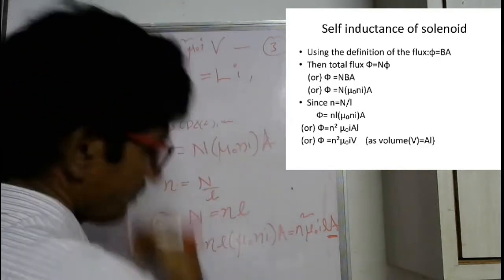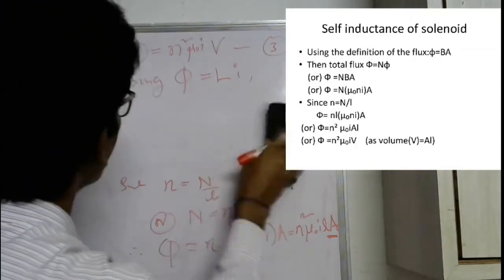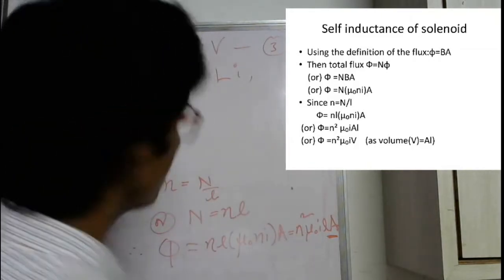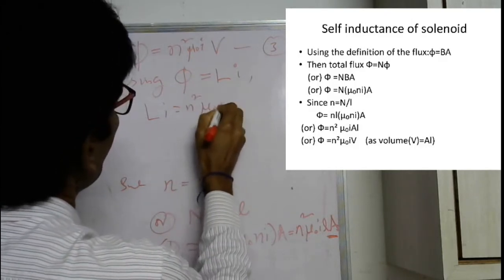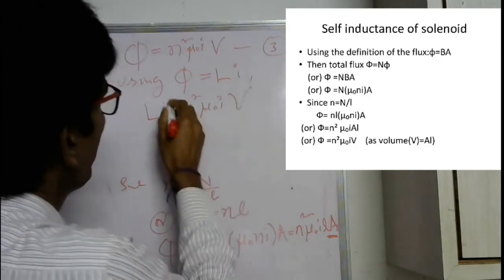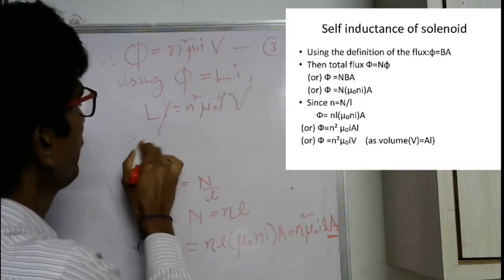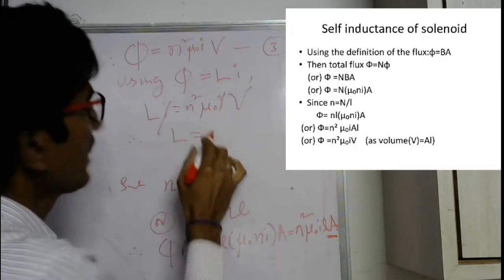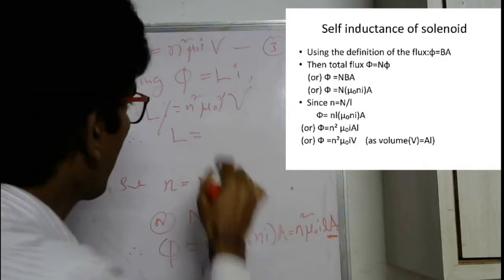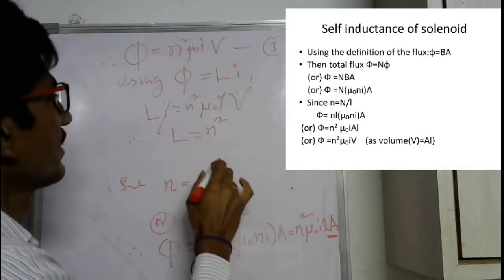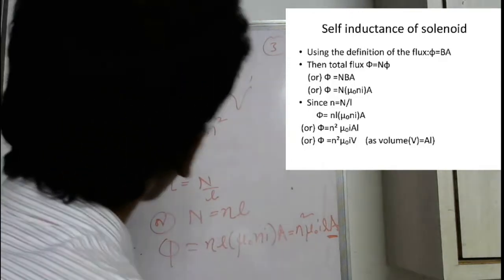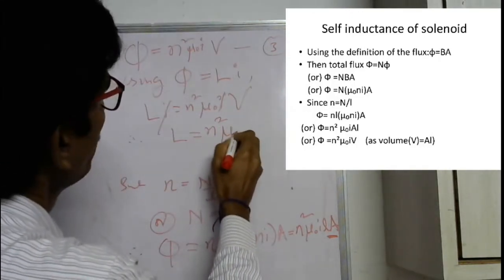When you write L I for Phi here, L I is equal to n squared mu naught I V. I cancels. Therefore, you have the self-inductance of the solenoid as L equals n squared mu naught V.